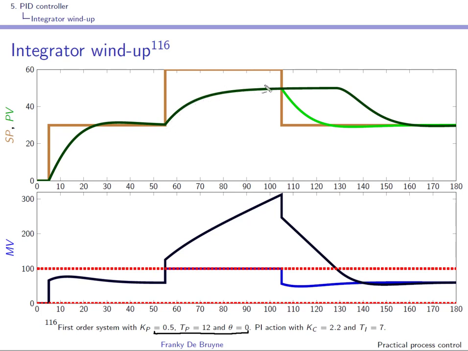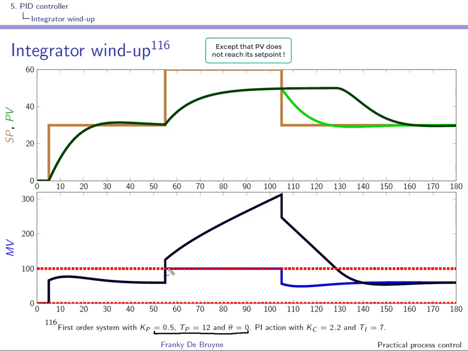So when you look at the response over here, you do not see anything happening, right? But you can see here on the response of MV that indeed there is a problem occurring, because the controller that is not implemented correctly will see an error, right? And it will start to integrate this error, right?